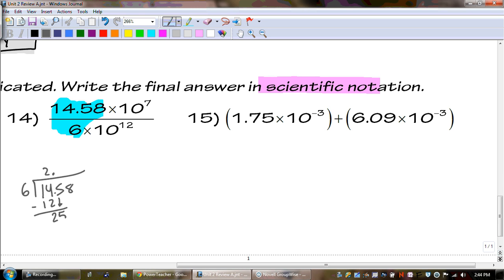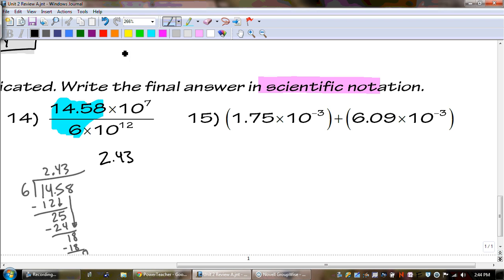I'm going to bring down the 5. 6 goes into 25 4 times, which is a total of 24. We subtract, and then we bring down the 8, and 6 goes in 18 3 times. Yay! And then, so we get 2.43.